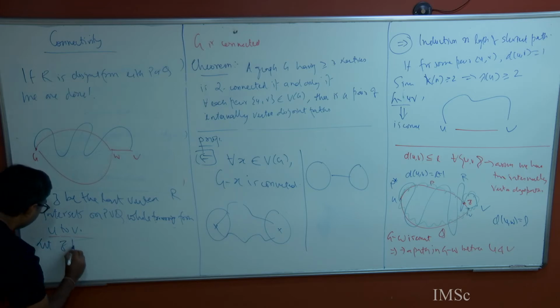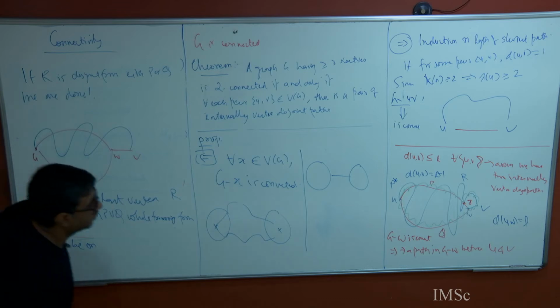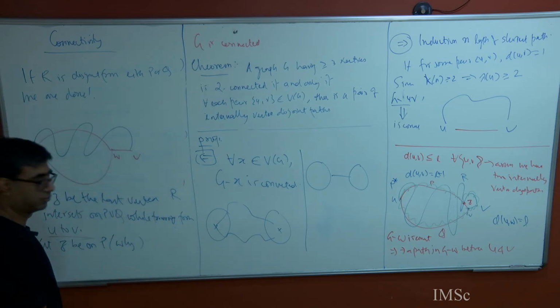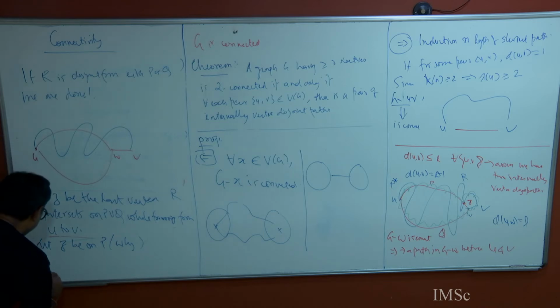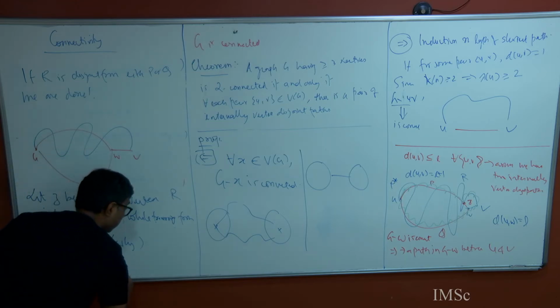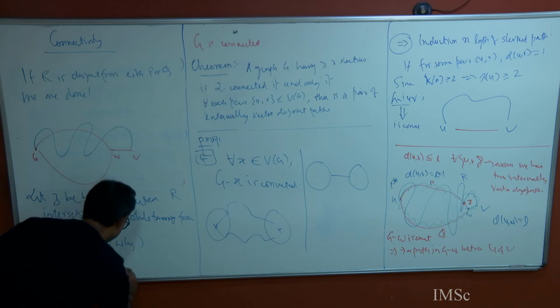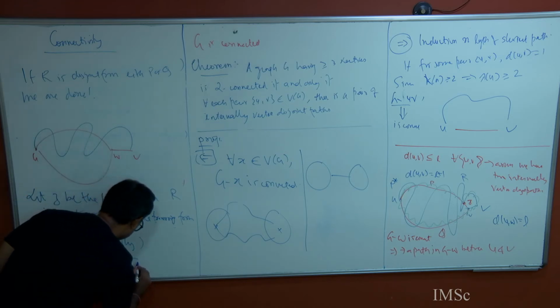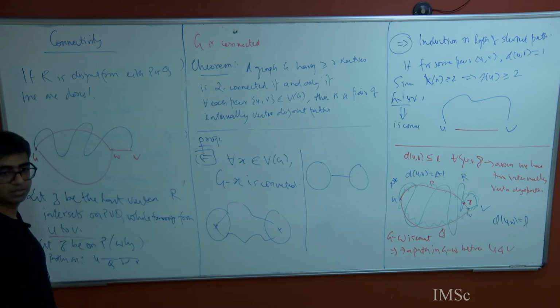Let Z be on P without loss of generality. It could also be on Q. Then what are the paths we will take? The paths are: u to w via Q and then w to v. So this is my one path.